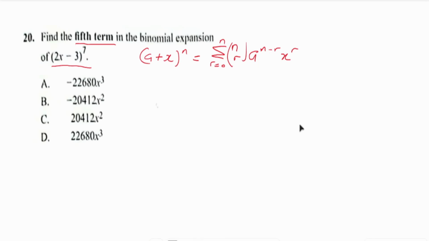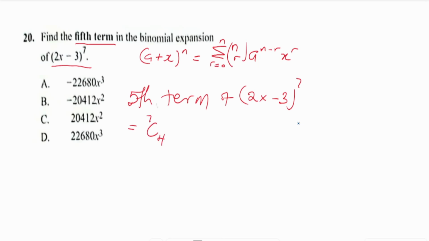So now we move on to the fifth term. The fifth term will be written as 7 combination 4. The 7 is the n, which is the exponent here, and the r is the term minus 1.